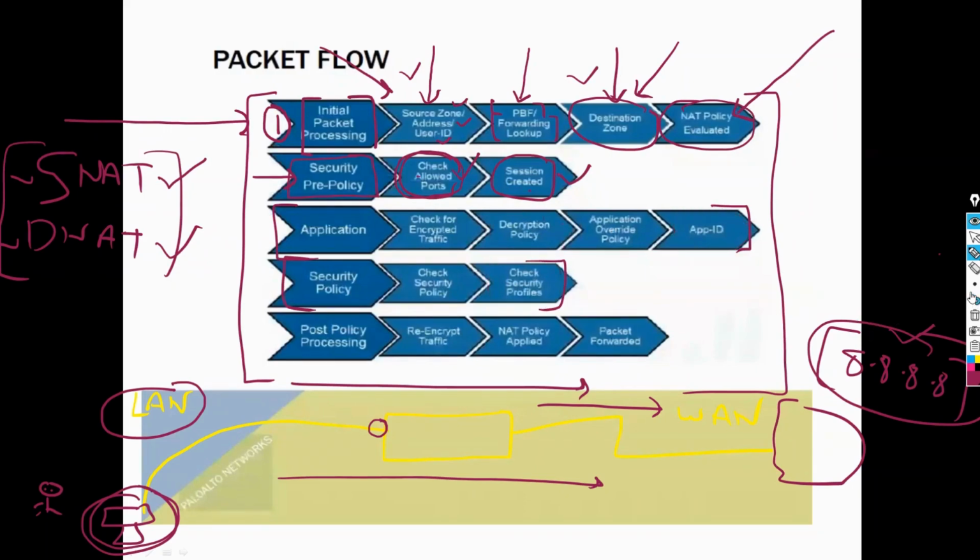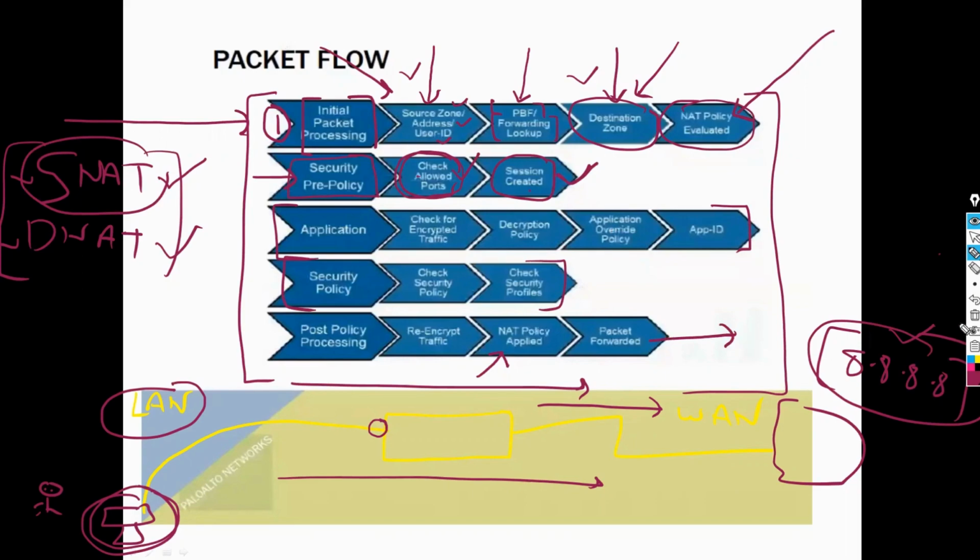I'm talking about the basic packet flow. Once the session is created, and if, as per your traffic flow, you are using source NAT, Palo Alto will apply the NAT configuration and then forward the traffic to the egress interface.